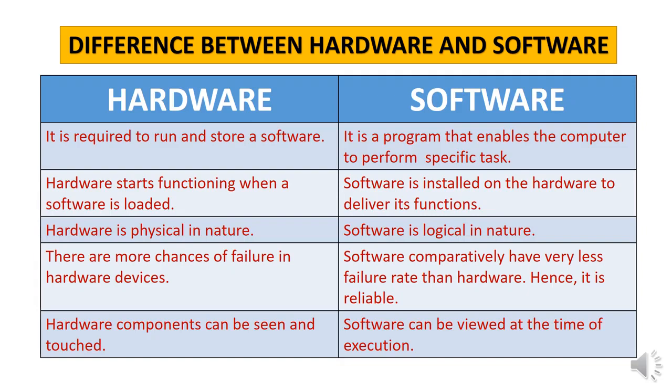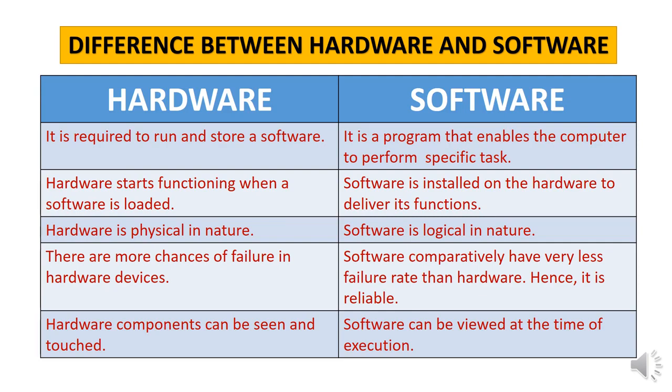We need a hardware in the form of a laptop or a desktop to run this program called operating system Windows 10. In case of software, it is a program that enables the computer to perform specific tasks. Each and every software is made to do some specific task, and when installed into the computer, it gets activated to do that specific task.